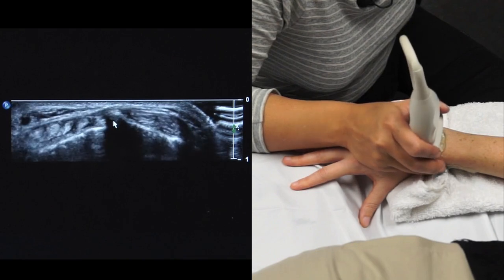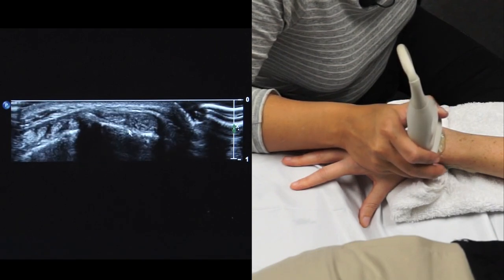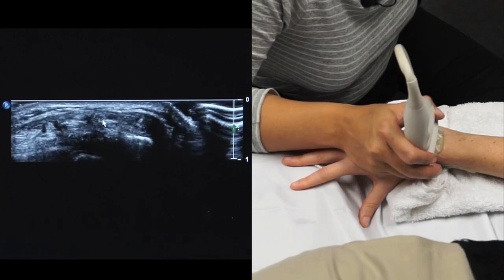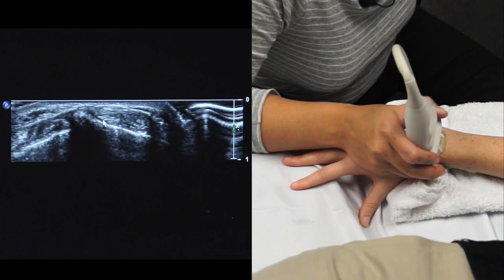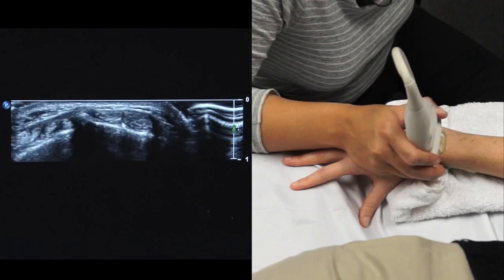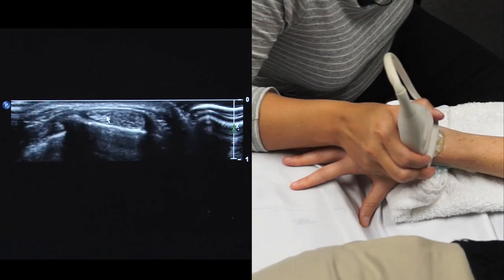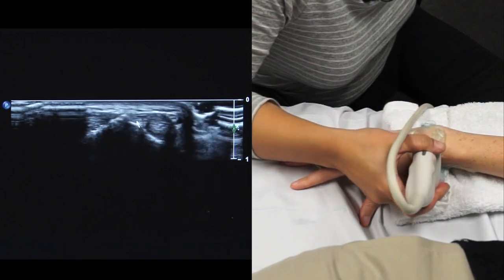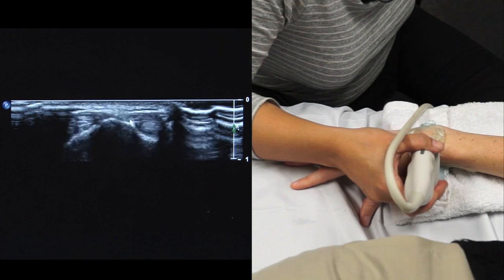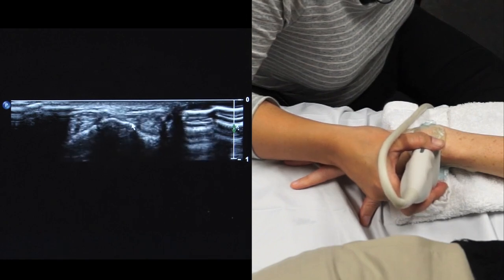Now I'm going to move over medially to look at the second compartment, which is the extensor carpi radialis brevis and extensor carpi radialis longus, these two tendons. And then the first compartment, which is affected when you have de Quervain's tenosynovitis.